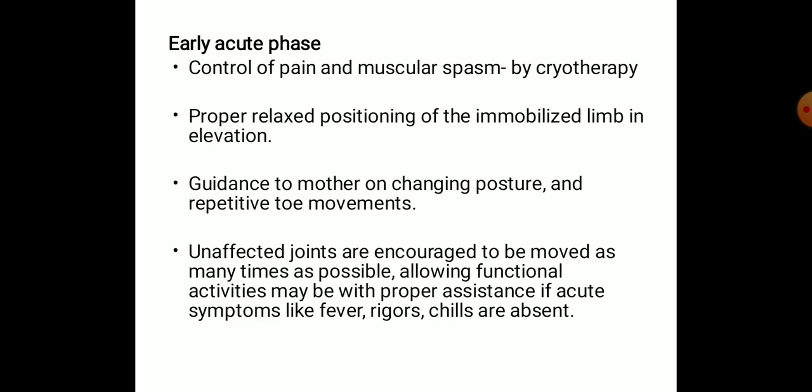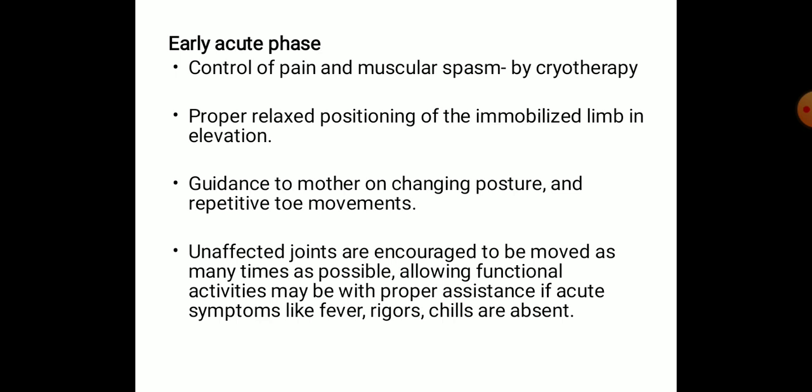In the acute phase, the unaffected joints are encouraged to move as many times as possible, allowing functional activities, maybe with proper assistance, if acute symptoms like fever, rigors and chills are absent. If the knee joint is affected, we can go for vigorous movements of the ankle joint and the hip joint.